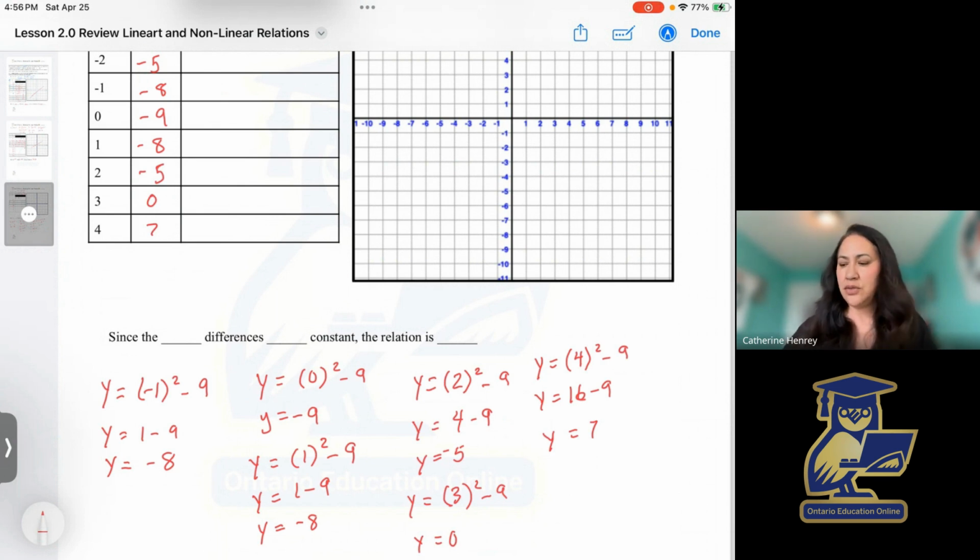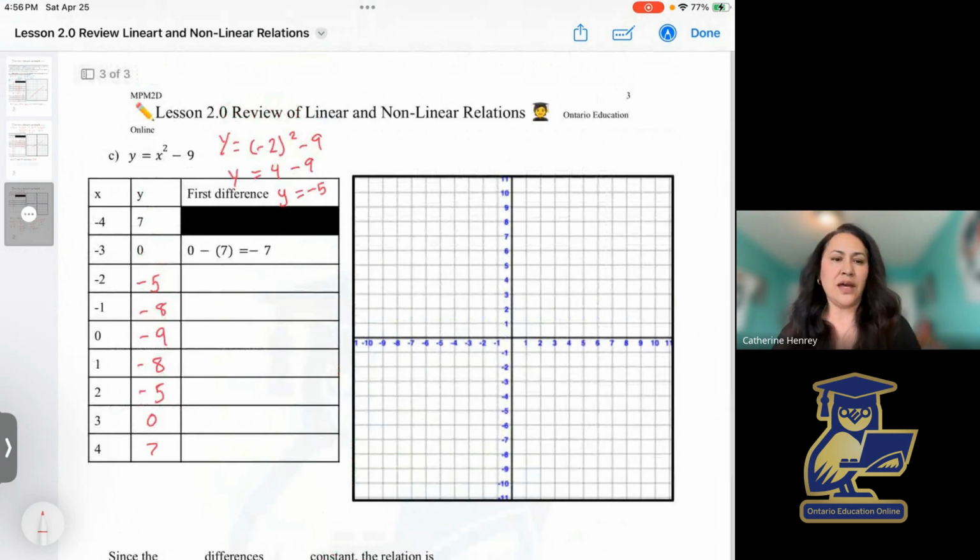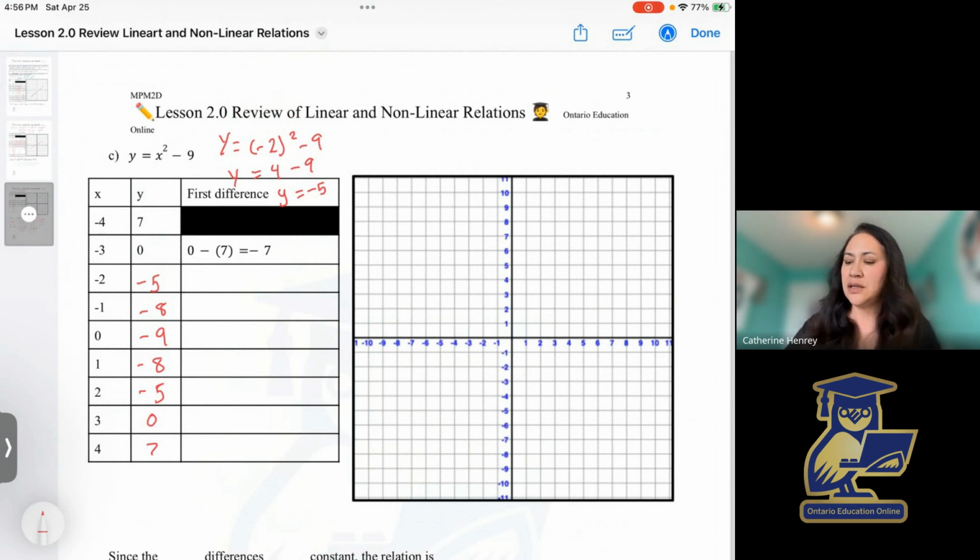Okay, so we used our substitution to find all the y values that correspond with these x values. Now let's take a look at the first differences. So we have 0 minus 7, that gave me negative 7. The next one will be negative 5 minus 0, and that will be negative 5. Going down the line, negative 8 minus negative 5 is going to give me negative 3. Negative 9 minus negative 8 is going to give me negative 1.